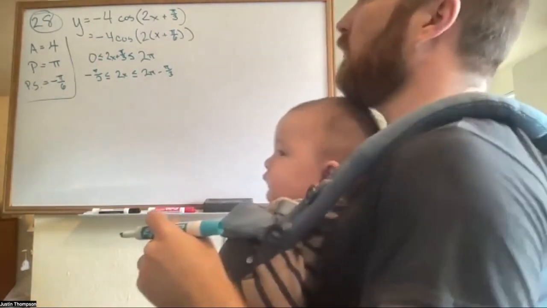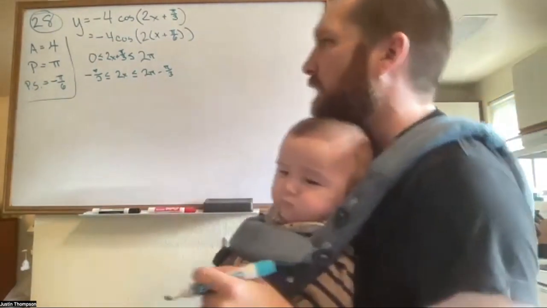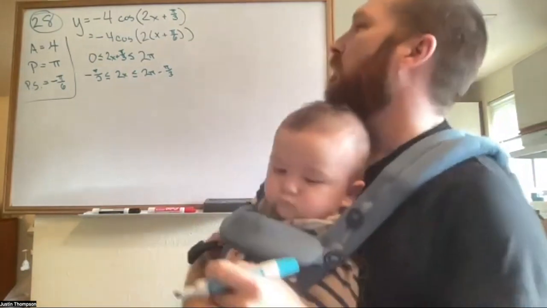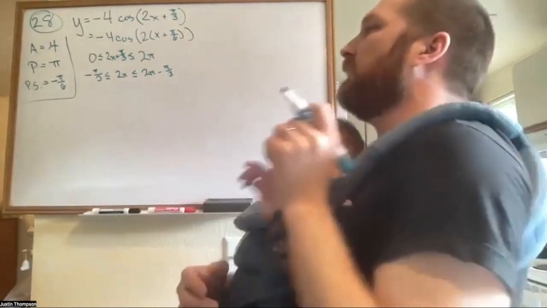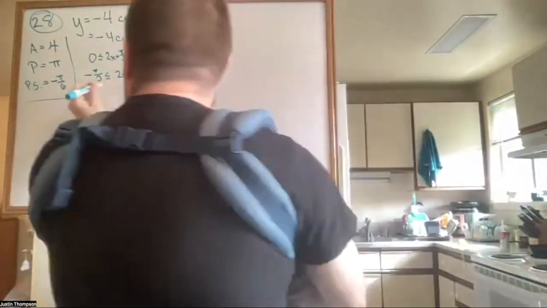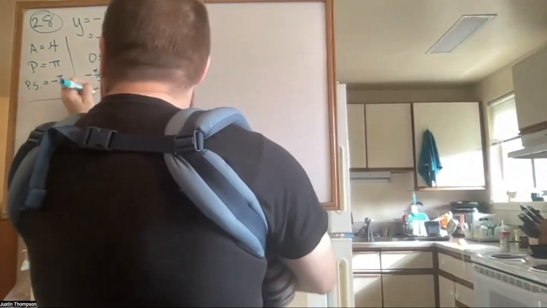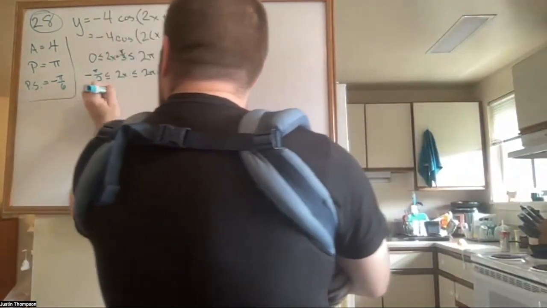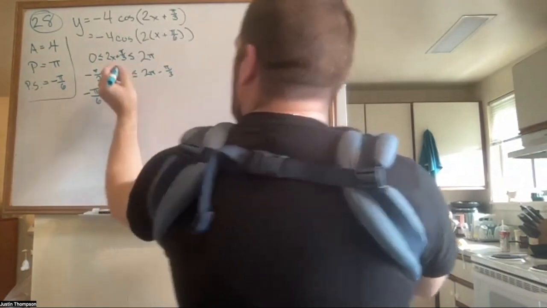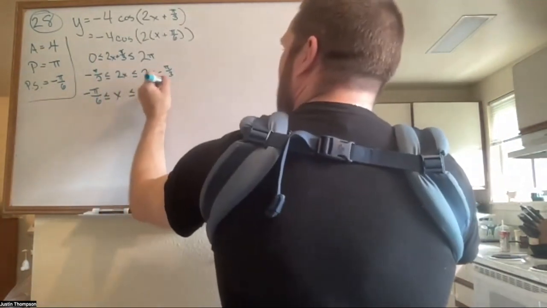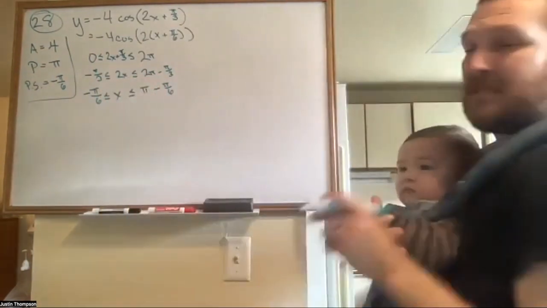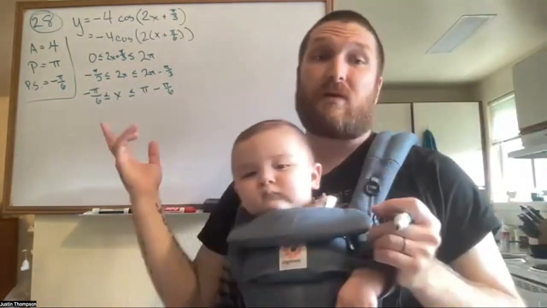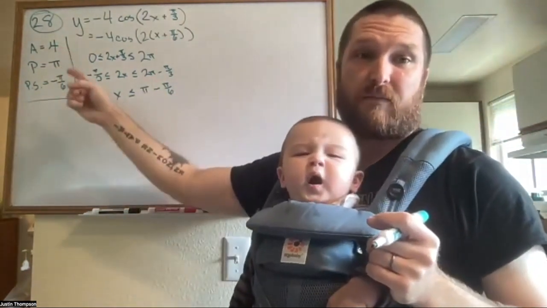Now we could, if we were so inclined, combine these. I don't really feel like doing that right now. I'm going to divide everybody by 2 to give me minus pi over 6 less than x less than pi minus pi over 6. A nice thing is if you're going to do this, this takes care of 2 of these problems right here.